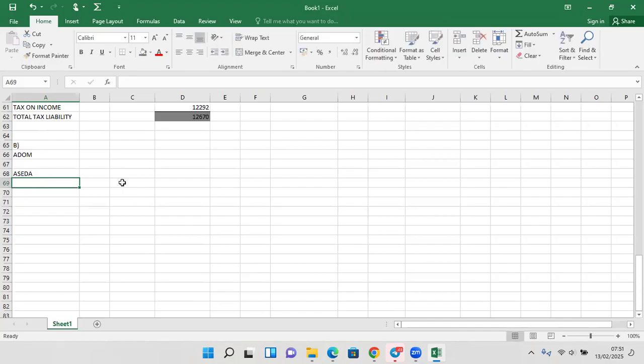So for Aseda, we are going to tax them. We have two ways of doing this. What we are going to do is first subtract the rate to get the loan benefits.